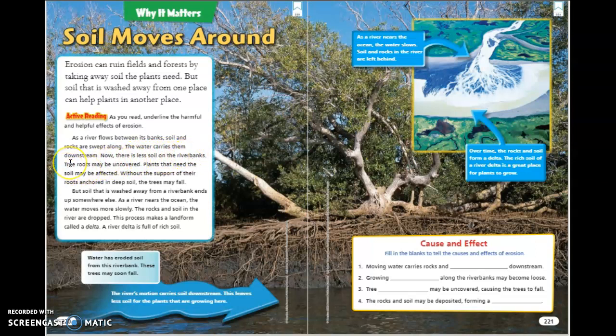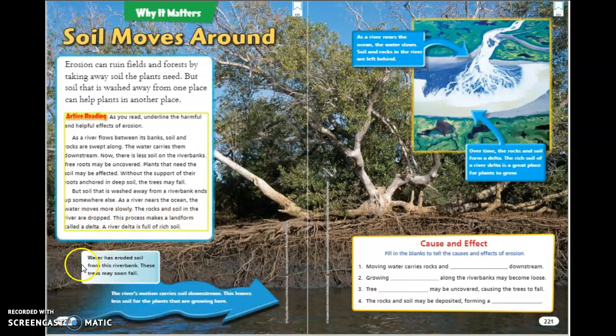The second effect you should have is tree roots may be uncovered. The third effect you should have is the trees may fall. And the last effect you should have is the rocks and soil in the river are dropped. This process makes a landform called a delta. A river delta is full of rich soil.